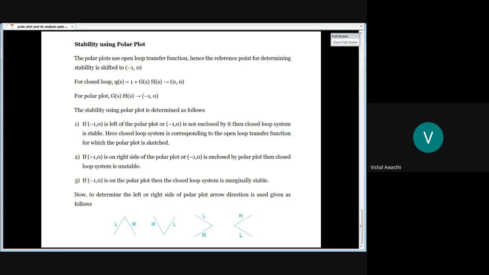So just think about your closed loop system. For your closed loop system, this is the characteristic equation 1 plus GSHS. And when you are considering 1 plus GSHS, you are separating the real axis as well as imaginary axis with respect to your origin 0, 0 value.